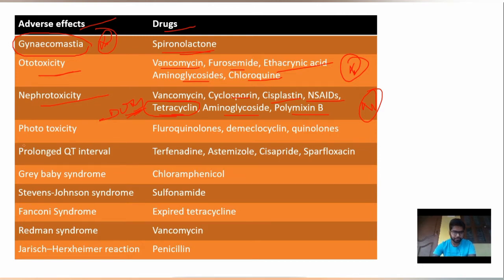Then coming to phototoxic drugs: fluoroquinolones, demeclocycline, quinolones, all these drugs show phototoxicity.